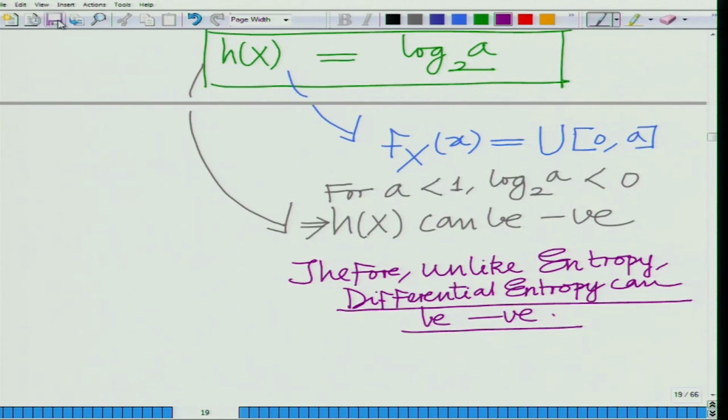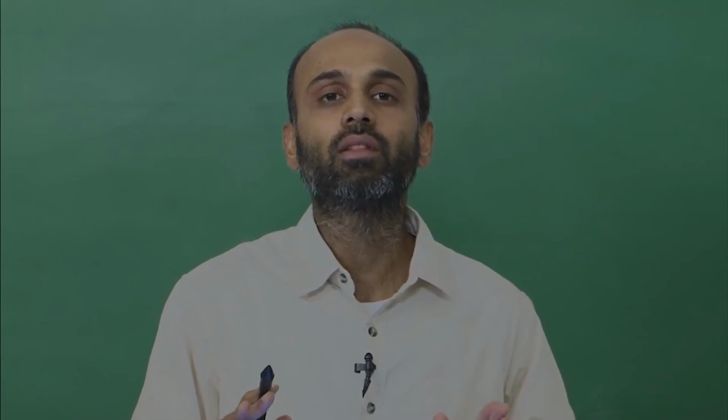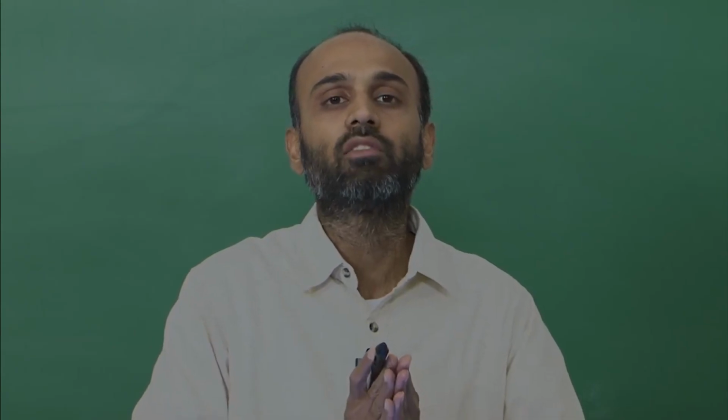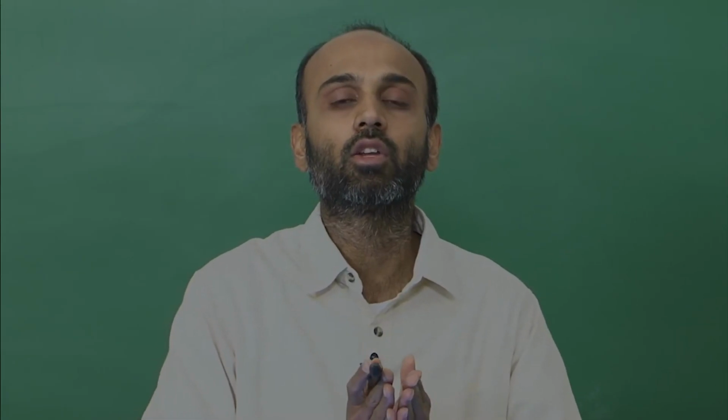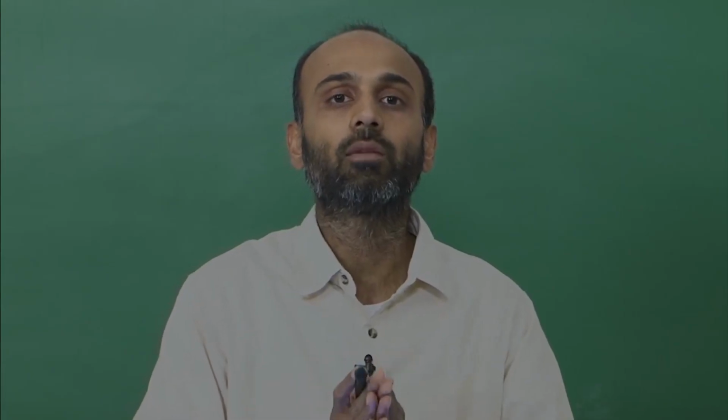So, this is an important difference one has to keep in mind while dealing with the differential entropy, that is, the entropy definition for sources with a source alphabet that is not discrete, that can take a continuous set of values. The corresponding definition is differential entropy, and the important thing to realize is this quantity can be negative, unlike entropy. We will stop with this, and we will look at other aspects in the subsequent modules.